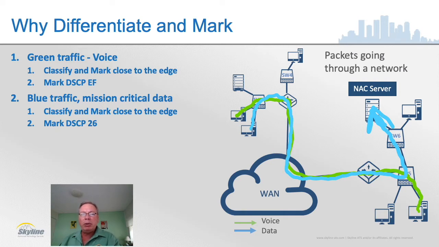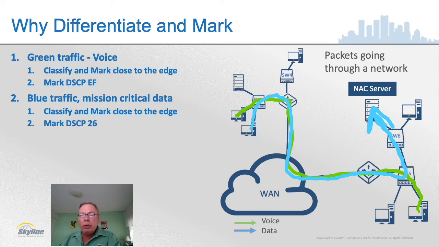So in this case, we're saying we're going to, at the edge, recognize voice and mark it diffserv code point EF. At the edge, recognize our mission critical data and mark it DSCP 26, which, by the way, is the same thing as AF31, and I'll explain that later.